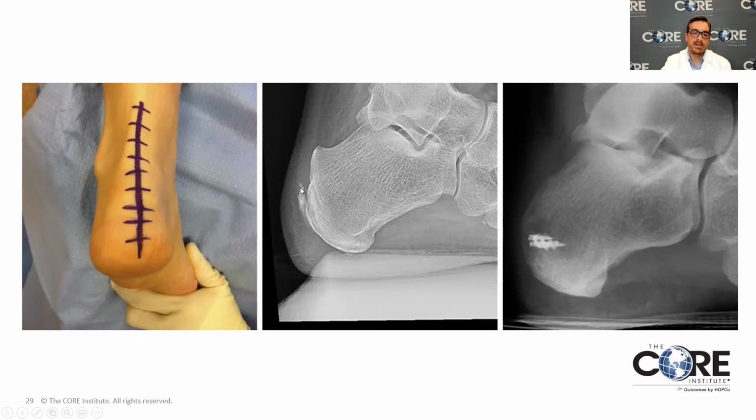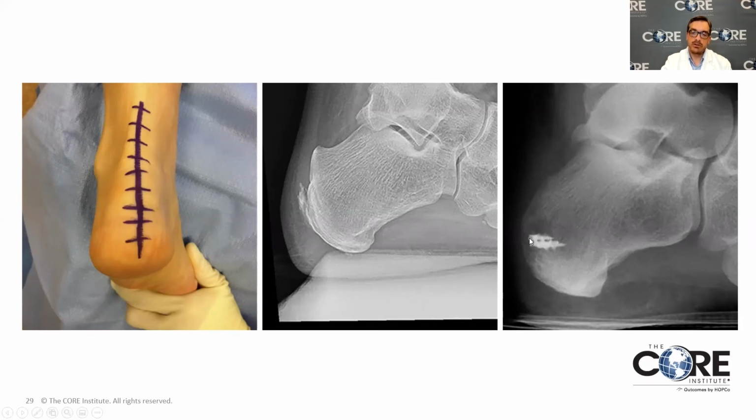So not only does a person have a spur, but they have this portion of the bone irritating the Achilles tendon. So in this case, we removed the spur and we also rounded off the heel bone in this area, kind of rounded like this, so that the Achilles tendon no longer receives friction in that area.